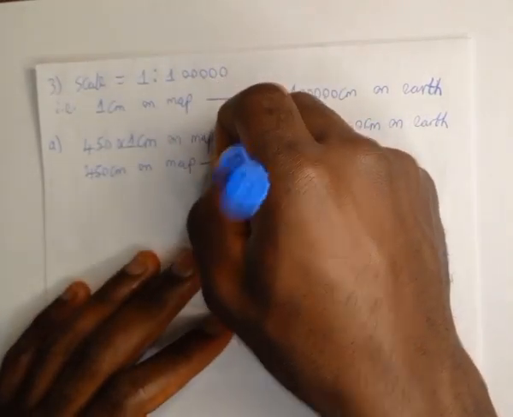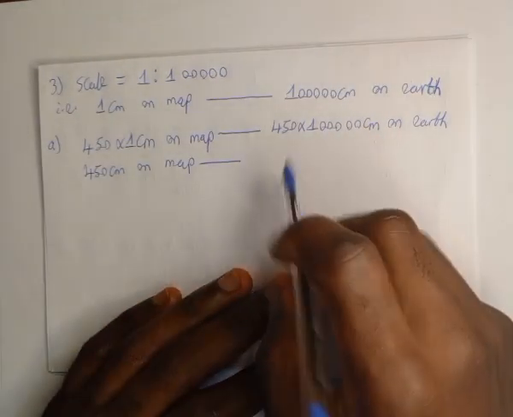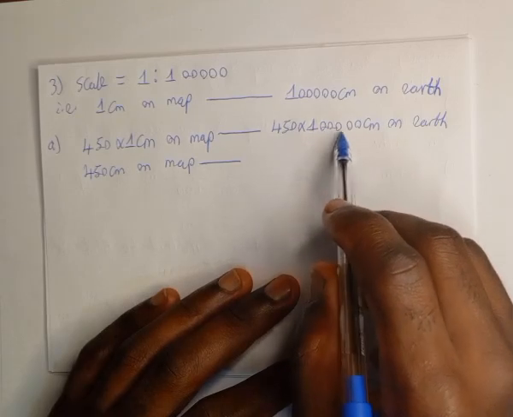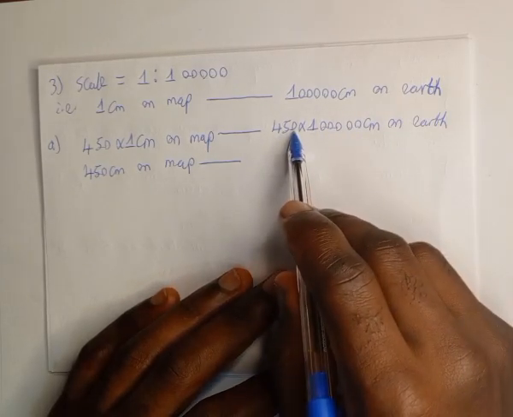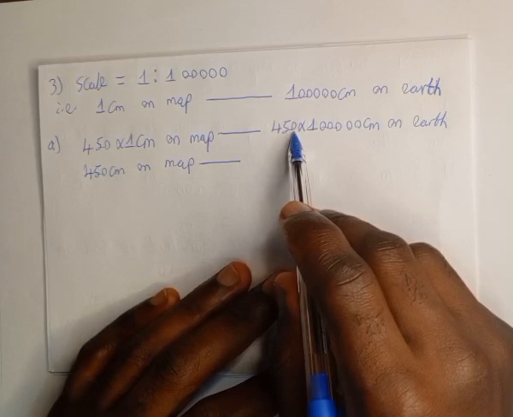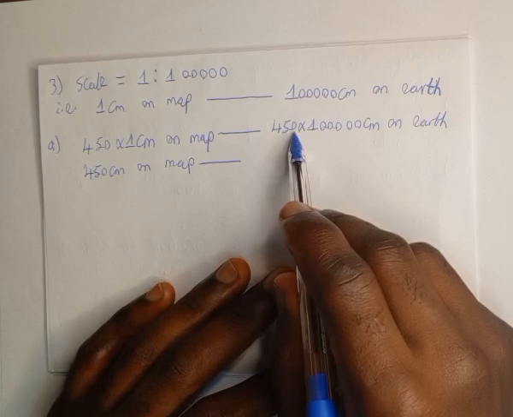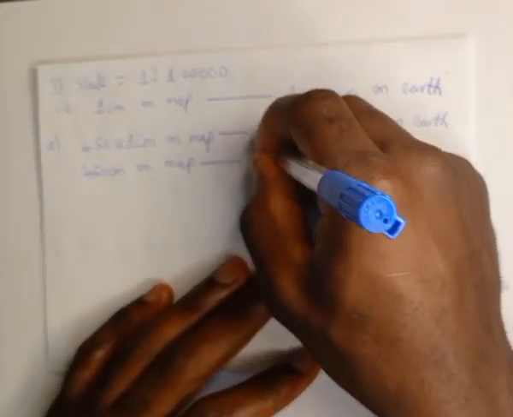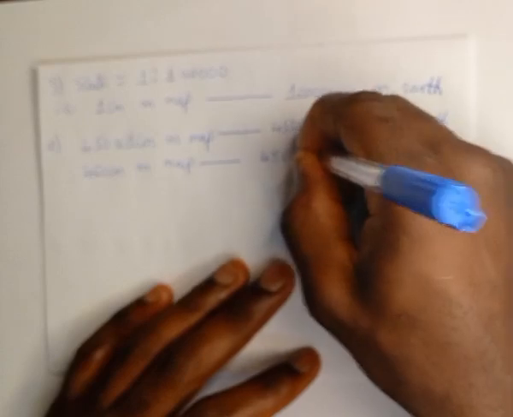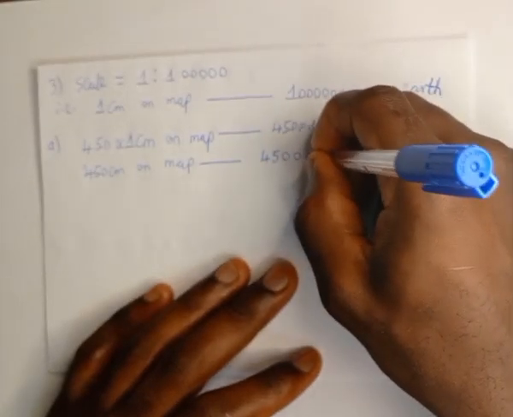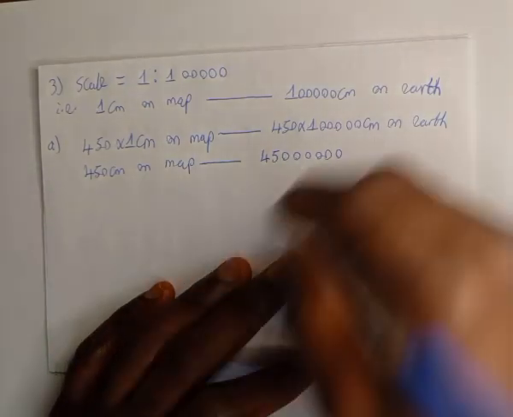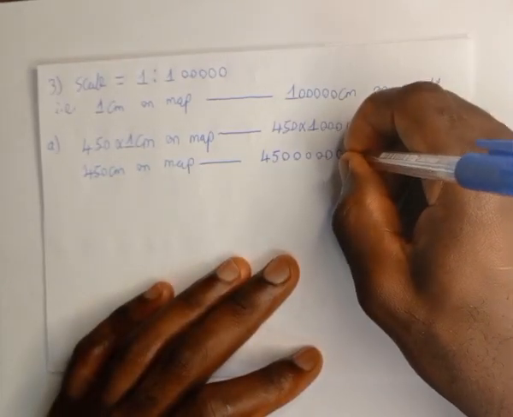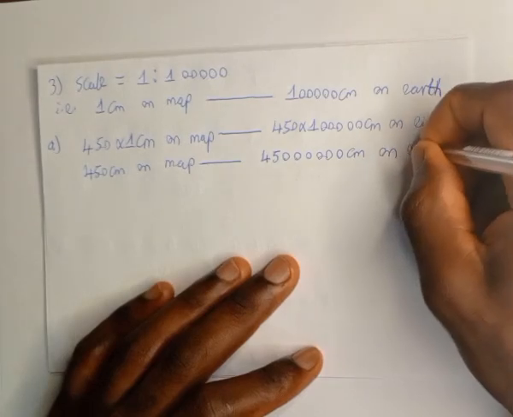to be equivalent to, we are going to attach 1, 2, 3, 4, 5 zeros to 450. And this will simply give us 45 million centimeters on Earth.